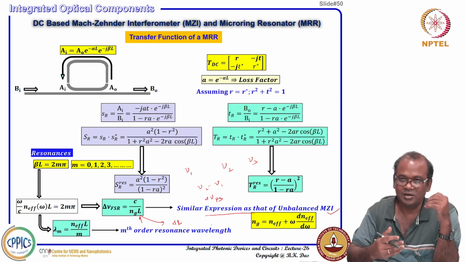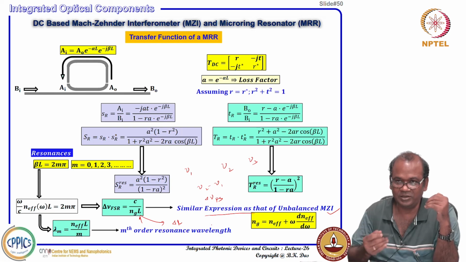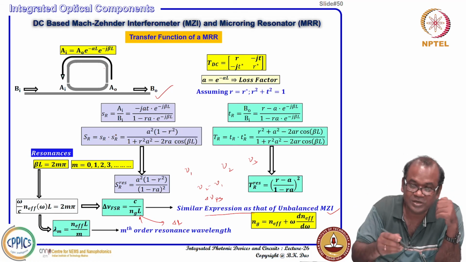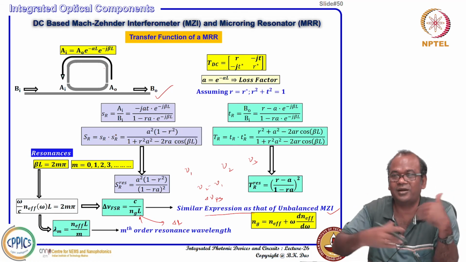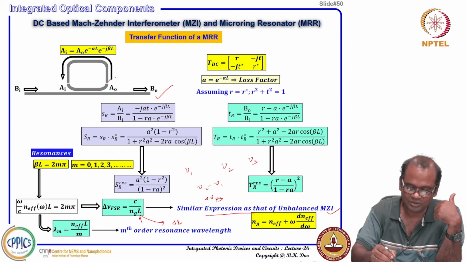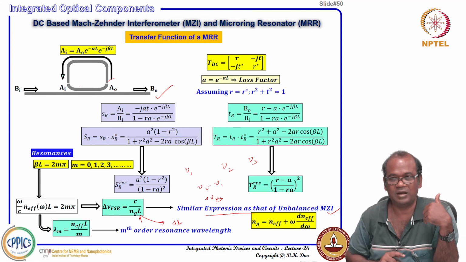But in this case, when you get one particular frequency at maximum, that maximum value is actually stored inside the ring. It is not given out at the other ports, because the other ports are in principle given as feedback.